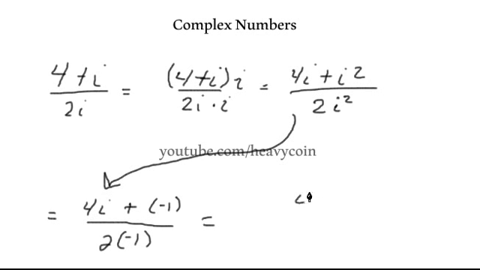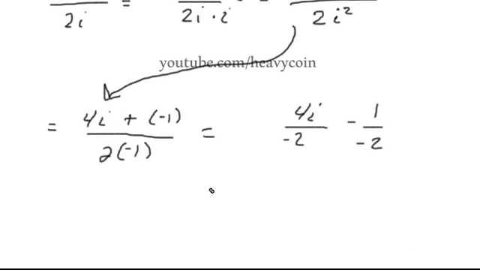This is going to be 4i over negative 2, and then we're going to have a negative 1 over negative 2. But we can rewrite this. This is negative 1 over negative 2, so the negatives cancel out. And of course, I'm going to write it in that a plus bi form. And then this becomes negative 2i. That's this piece right here. 2 goes into 4 2 times. All right.